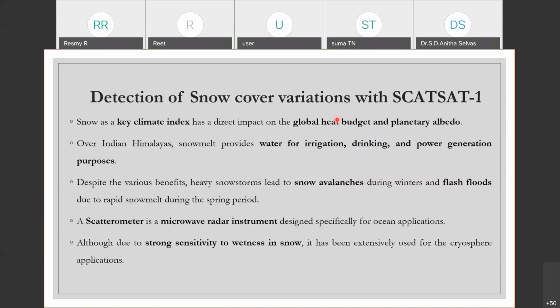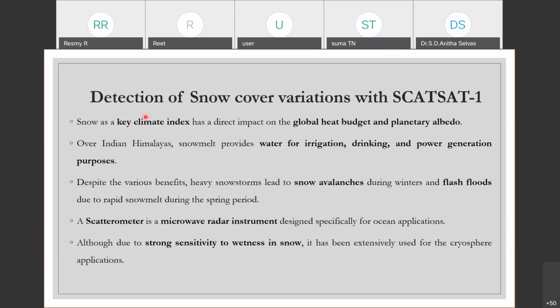If the snow is fresh, it can reflect up to 99%, and if the snow is a little bit older, it will reflect around 95%. This leads to lower heat absorption by the earth's surface, and thus snow is not only important for water resources, it is also important for the global heat budget.